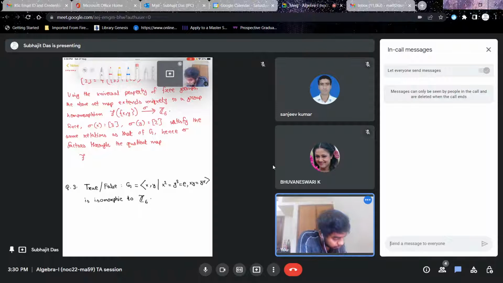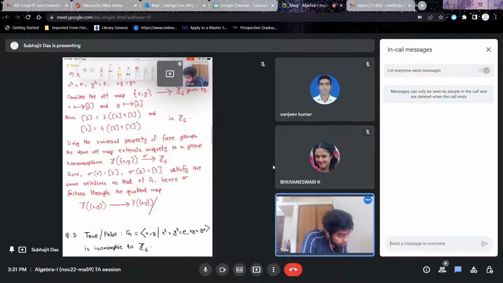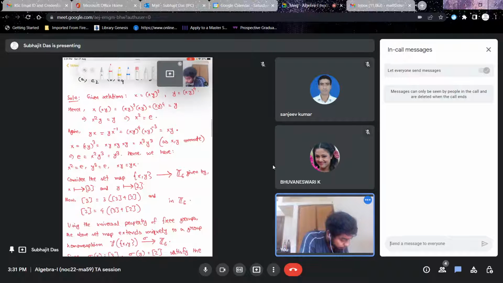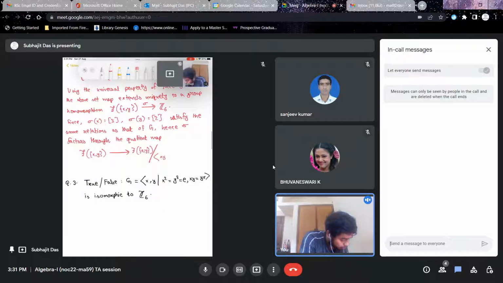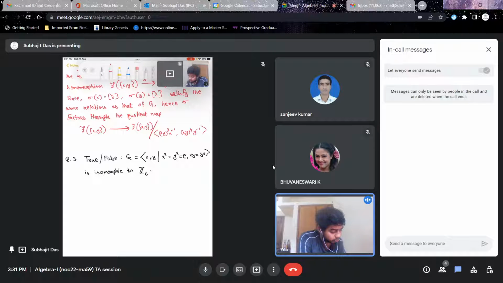Script F of x, y onto script F of x, y modulo the relations. So yeah, (xy)^3 x^-1 and (xy)^4 y^-1, right? These are your relations.